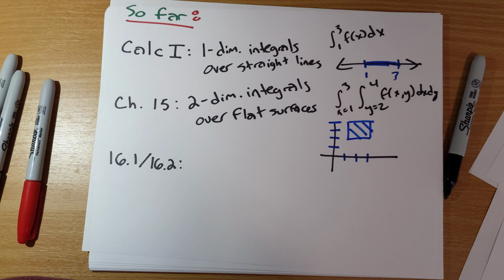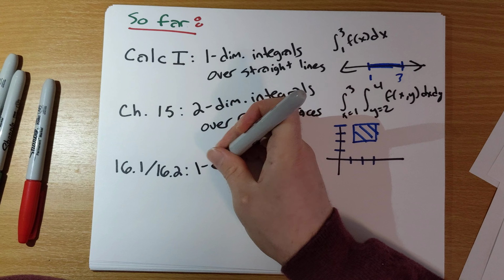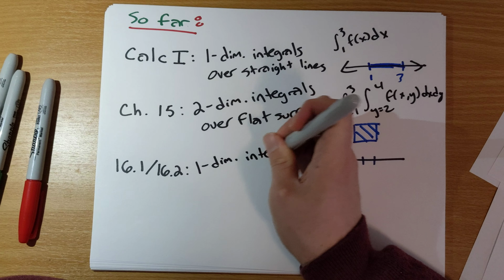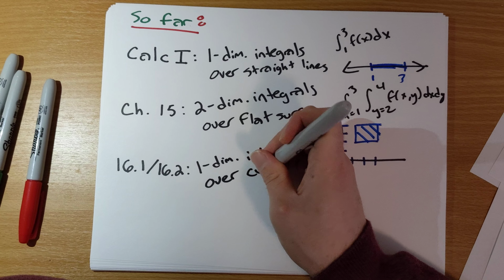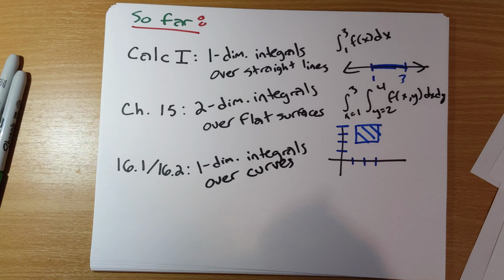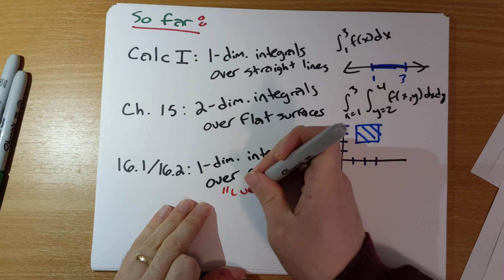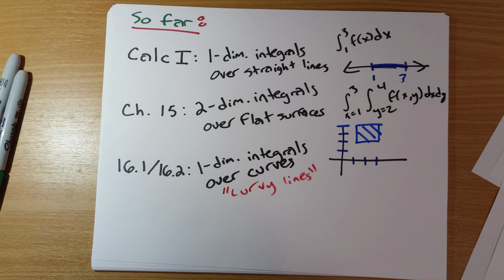In 16.1 and 16.2 then, we went back to one-dimensional integrals over curves. And I might say here, informally, curvy lines. I mean, a line's not going to be curved, so I'm using line here in an informal sense.